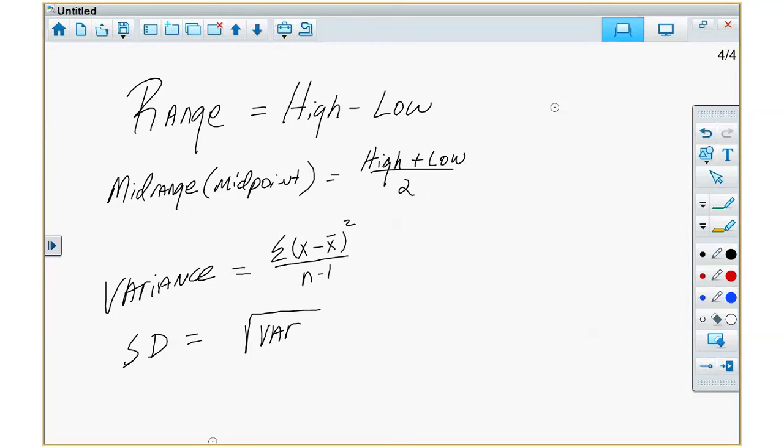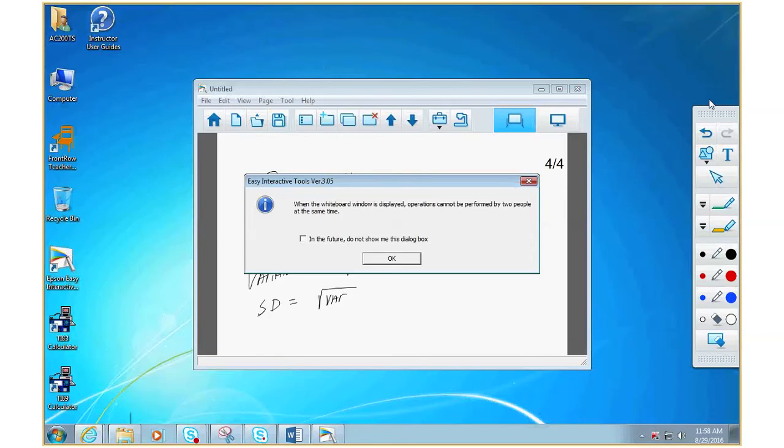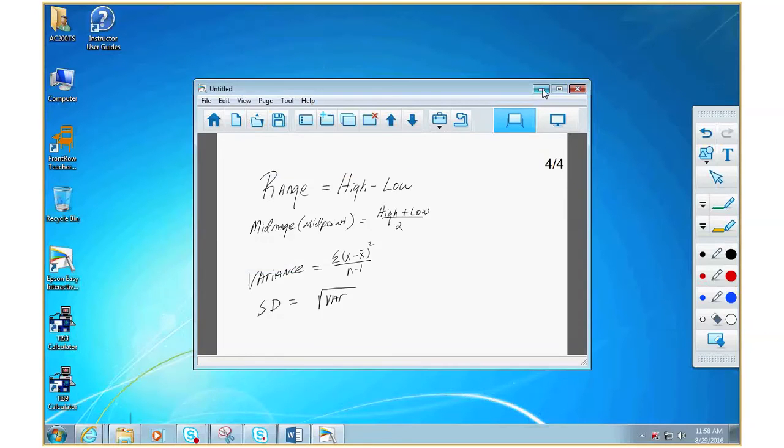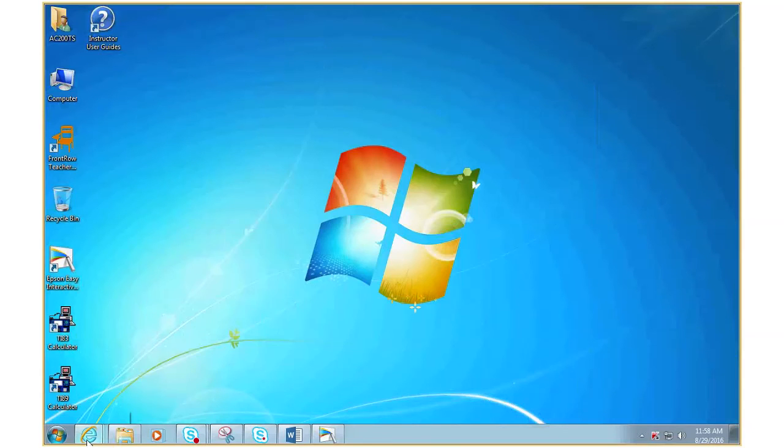So what we're going to do right now, before I can get to the 68, 95, 99.7 rule, is we're going to find the standard deviation of a set of data. So I'm going to leave here and go to the Excel spreadsheet and put the data on the Excel spreadsheet.